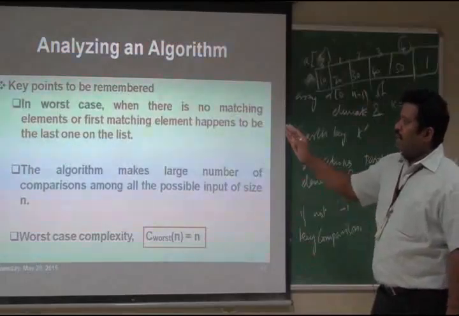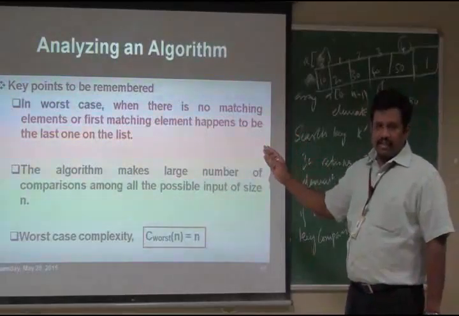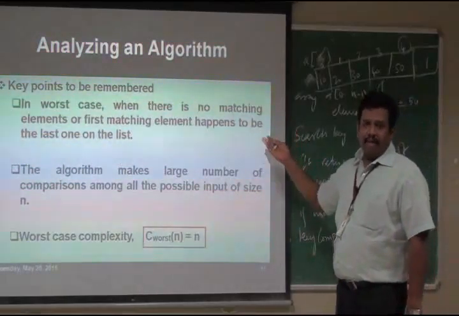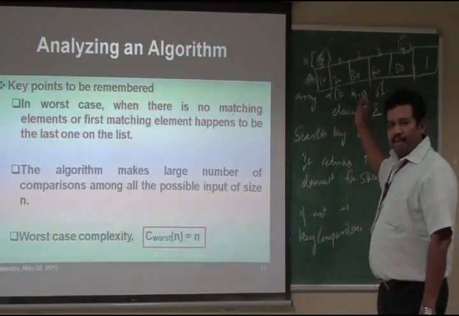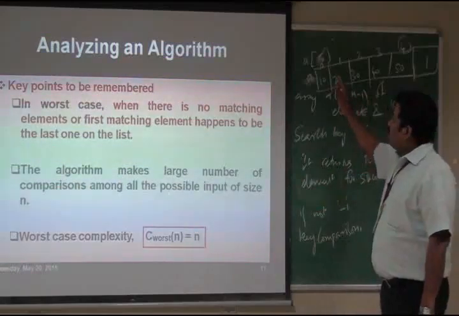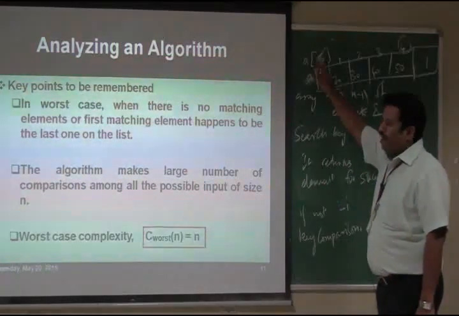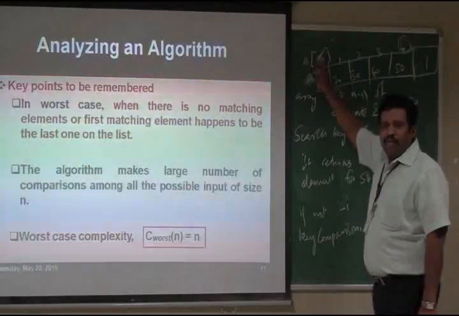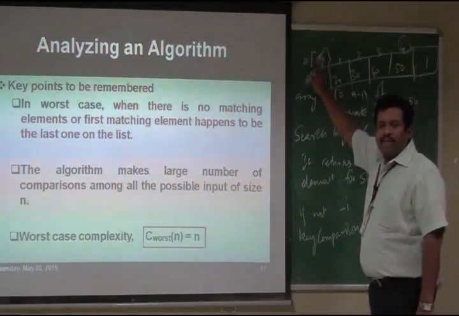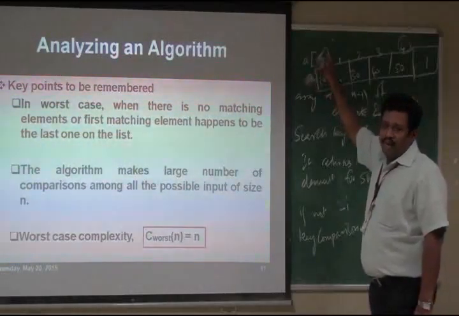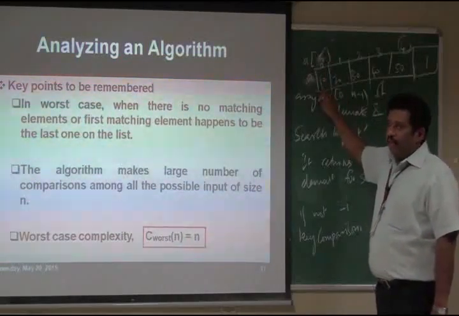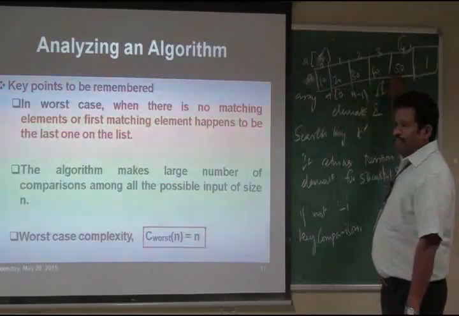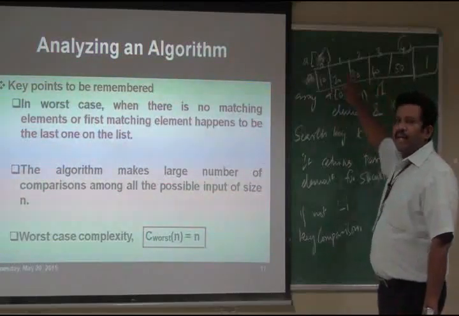This algorithm leads you to the worst case when there is no matching element, or the first matching element appears to be the last element of the list. We are looking at the example of an array A of size 5, but in practical scenarios the size of a data structure will be large. Just imagine the execution time of the algorithm. Here you are going to search for the last element 50, so it executes n times.